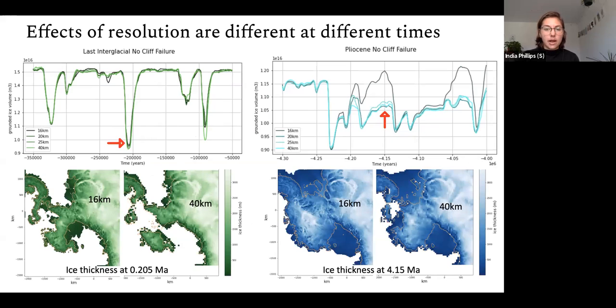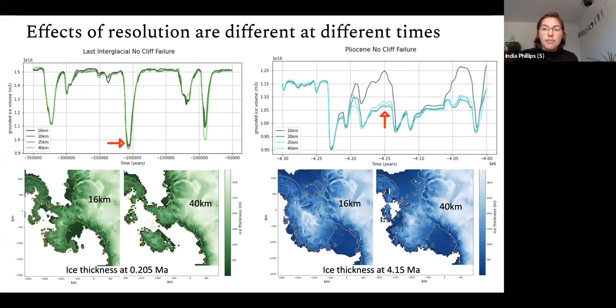These top 2 plots show ice volume in West Antarctica over time. The green spans the more recent Holocene, so 350,000 years to 50,000 years ago, and the teal is the Pliocene, 4.3 million years ago to 4 million years ago.